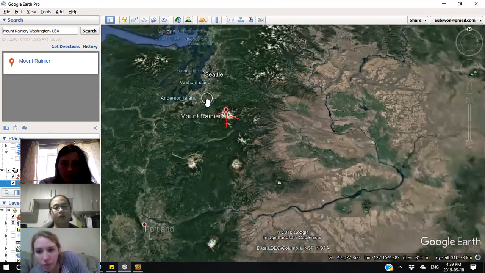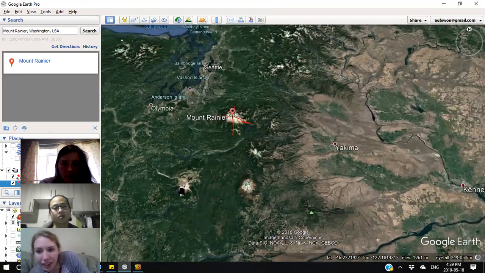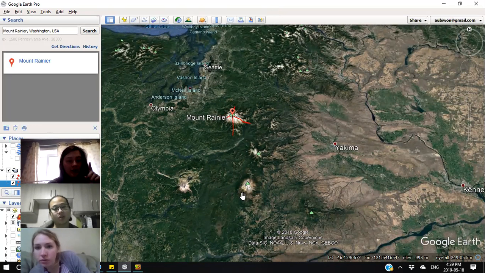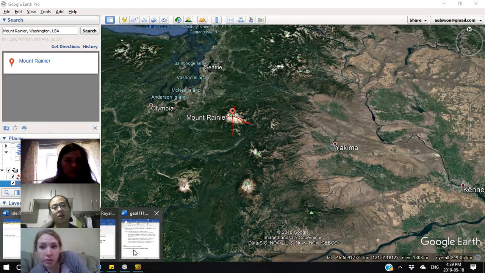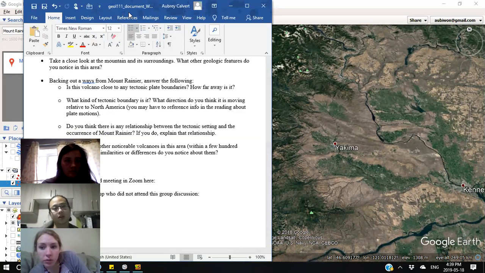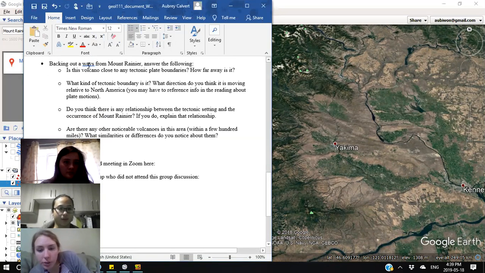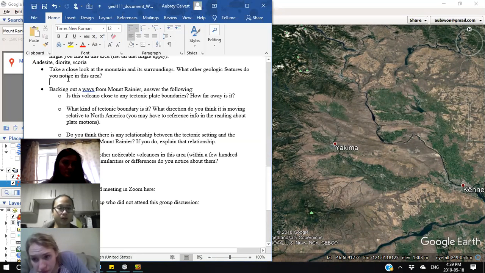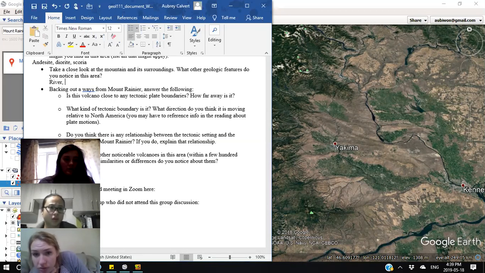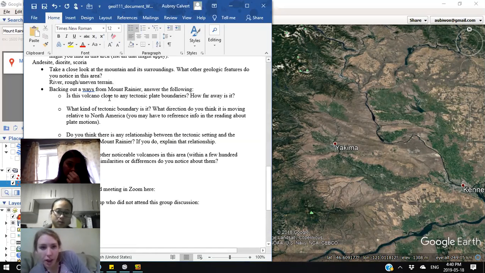So it's probably just over the spot where the other plate could be melting under. I would say there's a river. We could say rough, uneven terrain. Yeah, that's good.